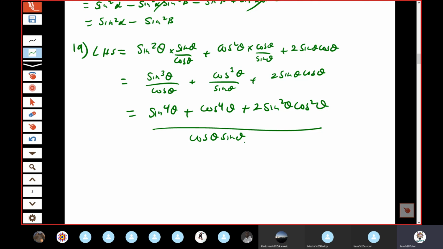Now you really got to know what to do with this next step. So it's not something you can just fudge. You actually got to see something. Anyone see it? You factorize the sine squared theta and the cos squared theta out? No. Not really. You're not going to take something out. There's something very special about this.